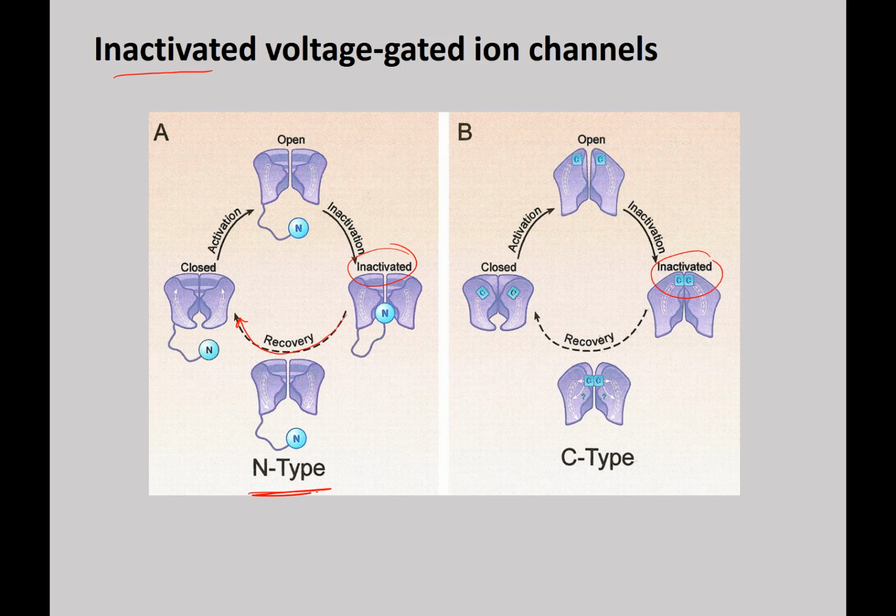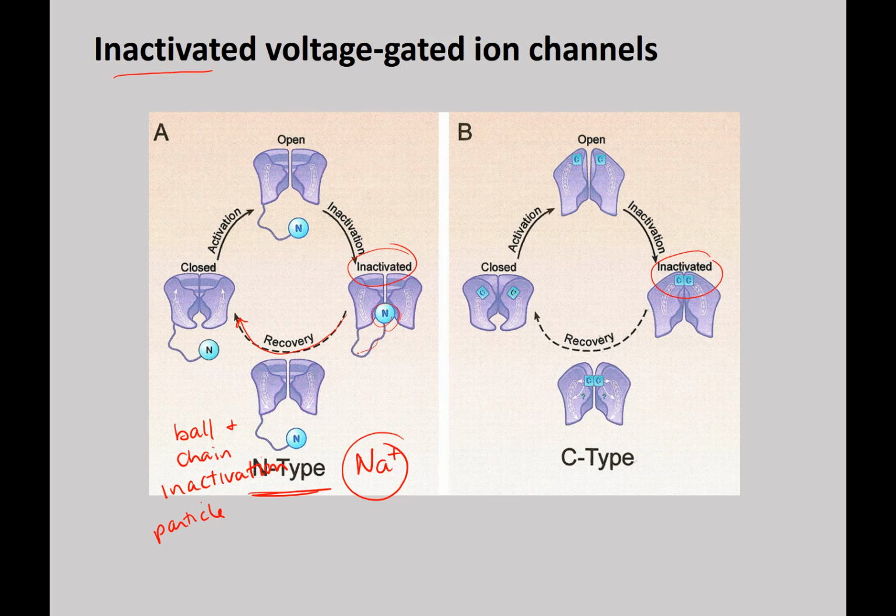The book shows you the sodium channel that has this what we call ball and chain inactivation particle. And so what happens is when it's inactivated, you get this part of the protein actually stuck up in that channel.